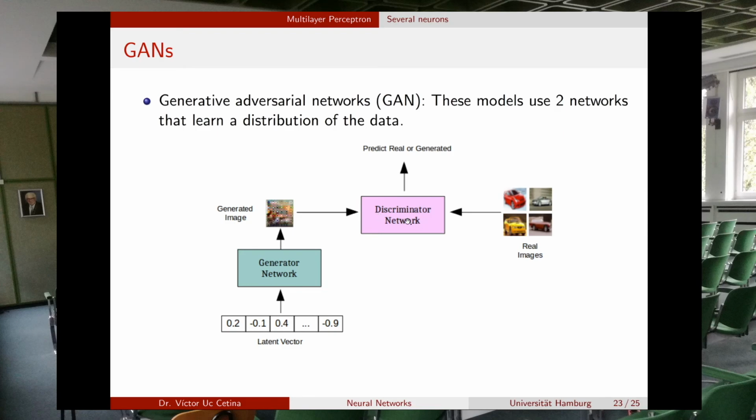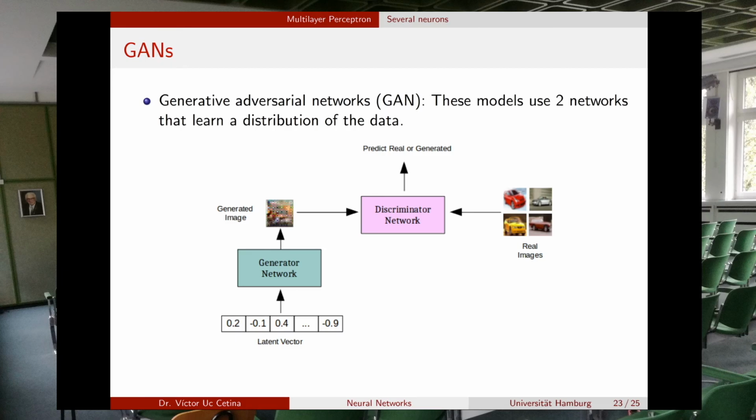These models are very interesting because in the end the generator learns the distribution of the data that it is trained with. So for example, in this problem of cars, the generator learns to generate a set of pixels that looks like a car.